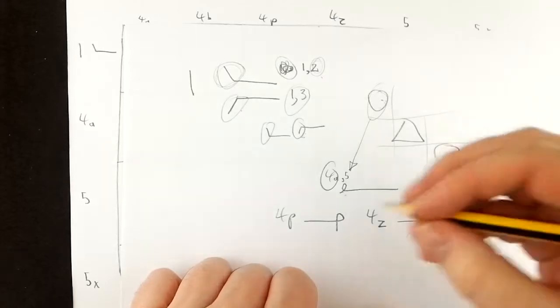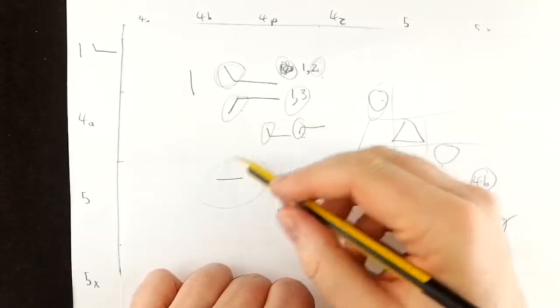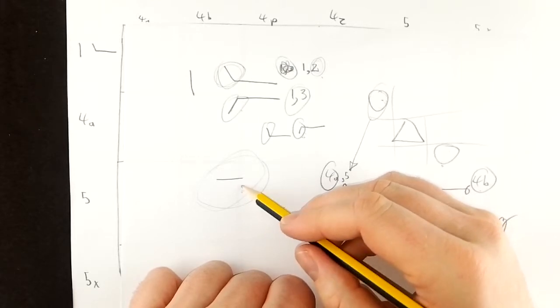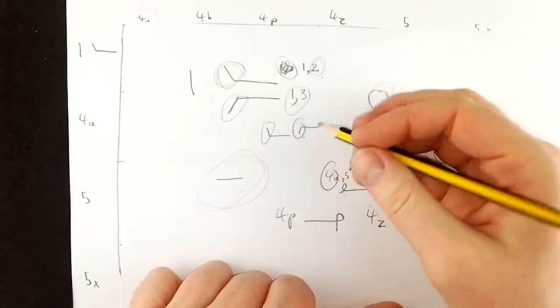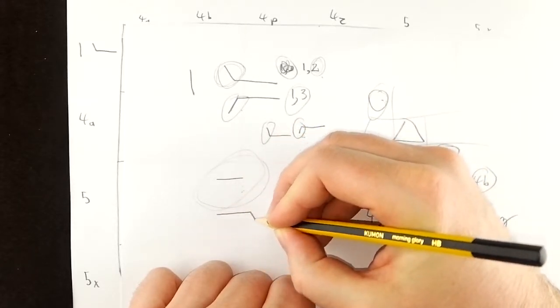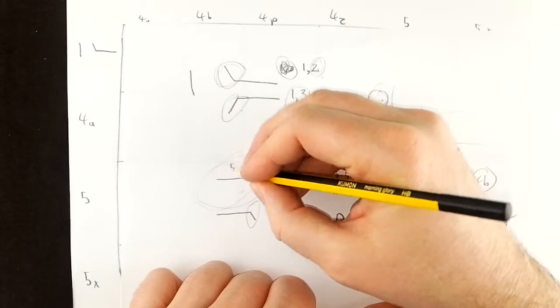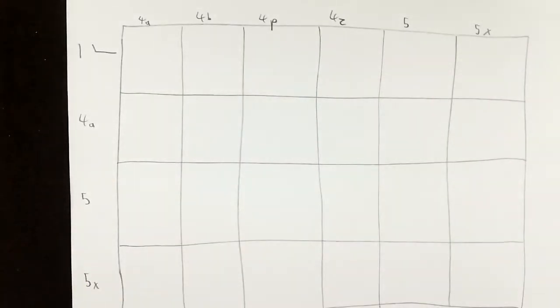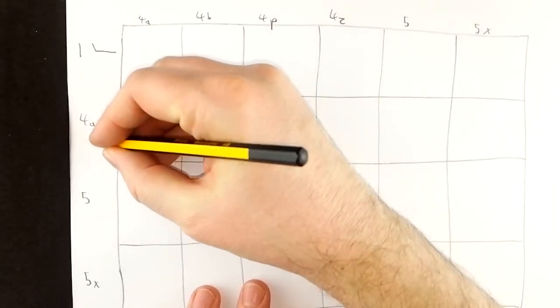And 5 is very, very normal. Very 보통, very usual. Just a line. That's 5. And 5x is a line, but and boop, like that. So on your chart, let's draw the symbols.